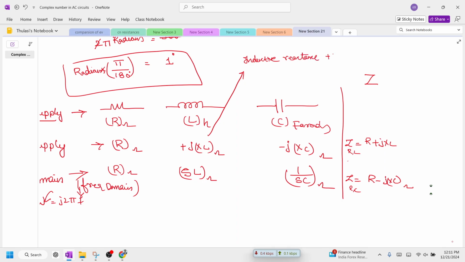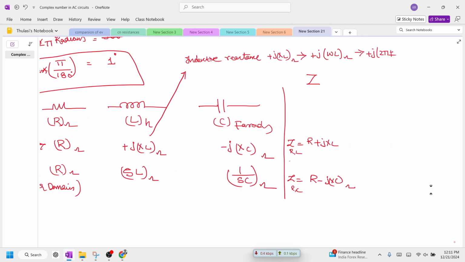It is written as plus j XL ohms, and plus j XL can be written as omega L ohms, which can also be written as plus j 2 pi f L ohms. Whenever L is in henries and you multiply it with 2 pi f, the units are transformed into ohms. So this is the importance of inductive reactance.